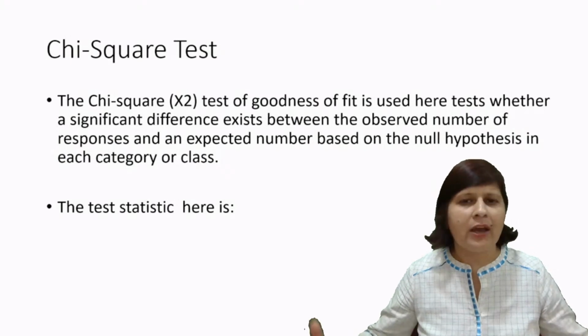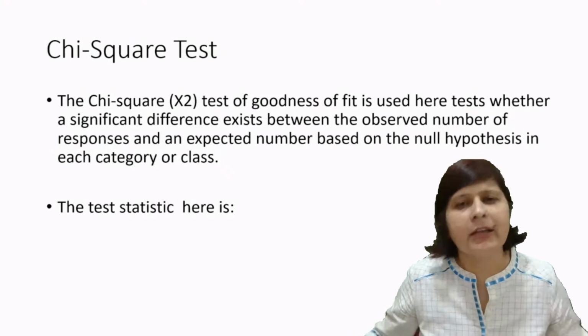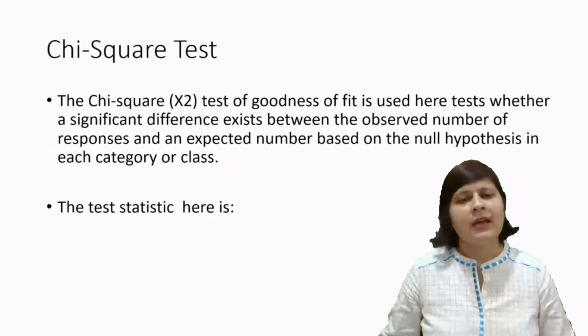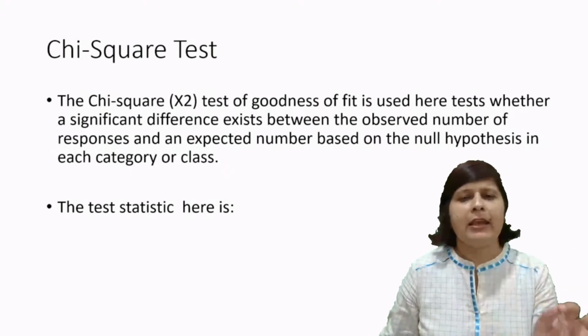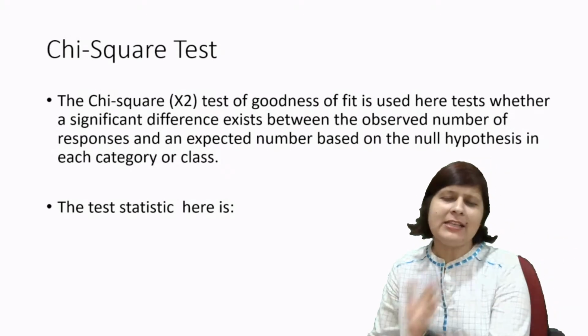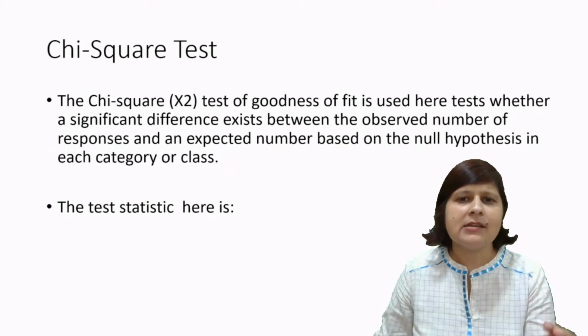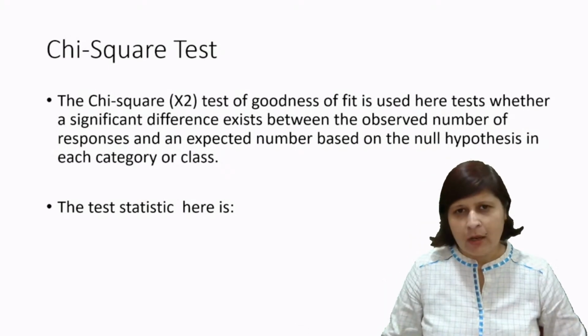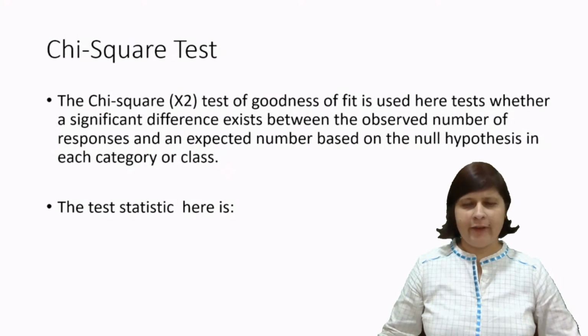According to us, we have a sample of say 90, and according to us 30 people will like A, 30 will like B, 30 will like C, right? This is our expected value. Now we want the observed value.